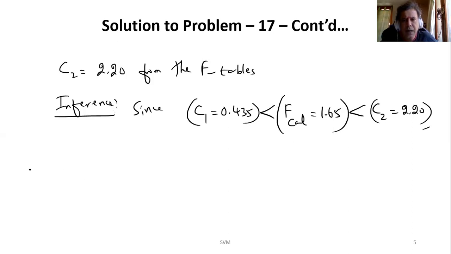Since the calculated value lies between C1 and C2, we accept the null hypothesis. Means there is no significant difference between both the population variances. That will be our conclusion.